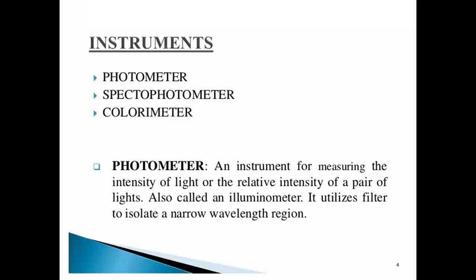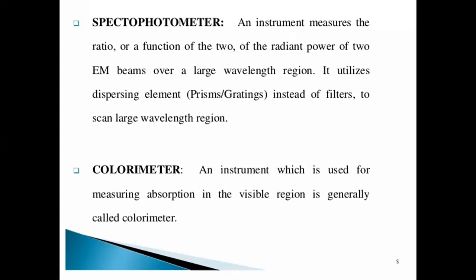To obtain the desired wavelength, simple color filters are used. I have already told you about these various filters and their colors in comparison with their wavelength region. So a photometer is a simple instrument where, instead of using many devices to obtain the desired wavelength, simple filters are used to isolate a particular wavelength region. Such instruments are known as photometers.